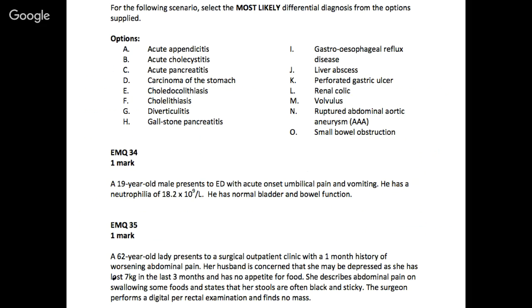Okay, so first one, good, acute appendicitis. Next one.